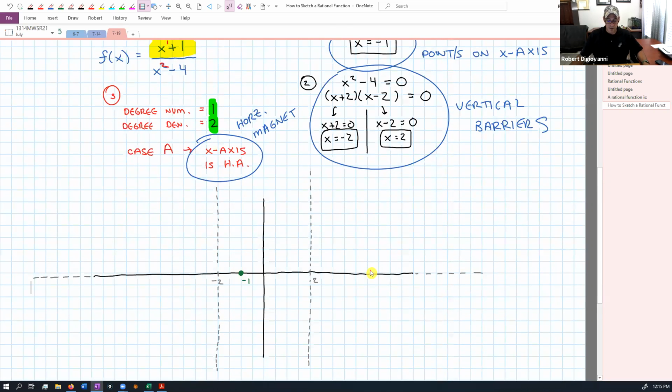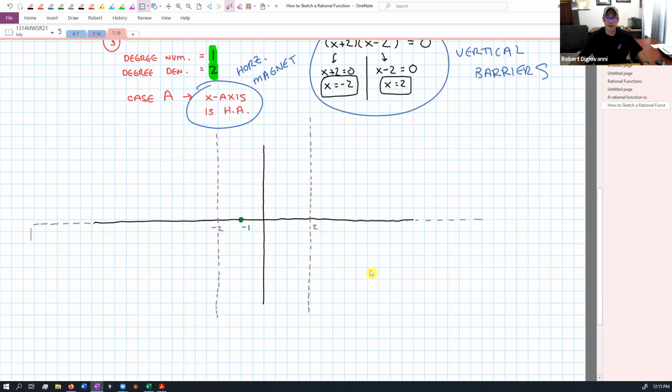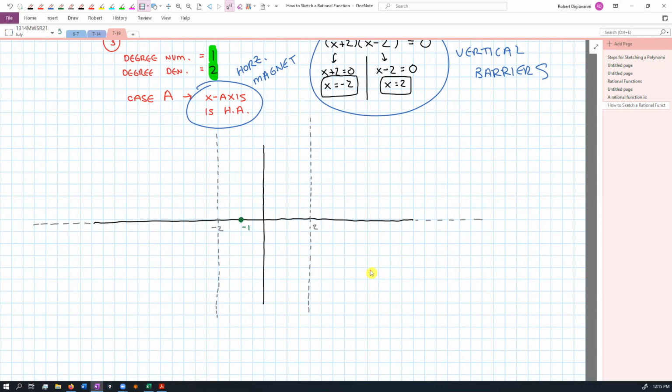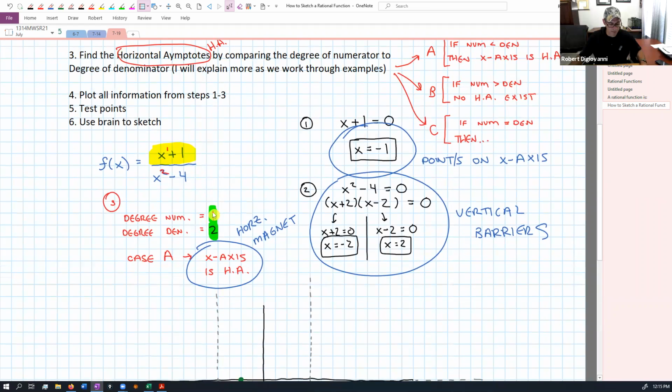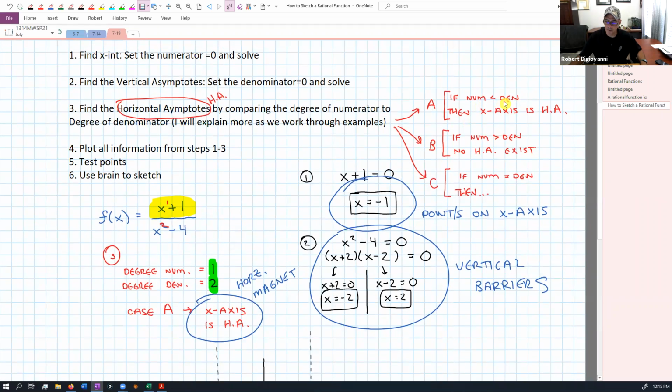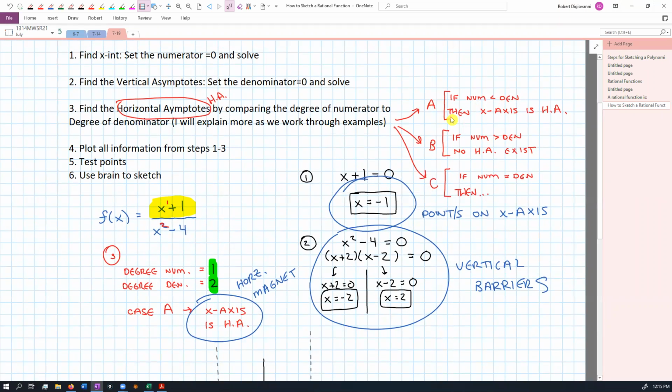Okay, there it is. That's what we have so far. Katrina, does that all make sense? Kind of. I'm kind of confused about since the numerator is less than the denominator. The degree of the numerator is smaller than the degree of the denominator. Mhm. So that would be the X-axis.